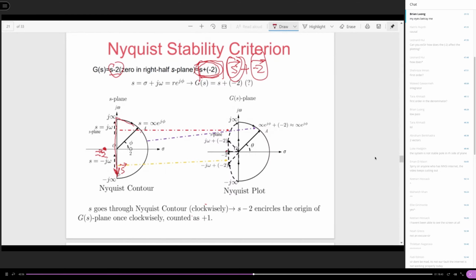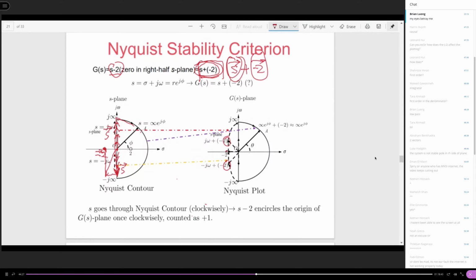It goes this way until it hits the origin, 0, and then changes direction upward and keeps increasing. So this is all the s vector. What you need to do is figure out exactly what this sum is.